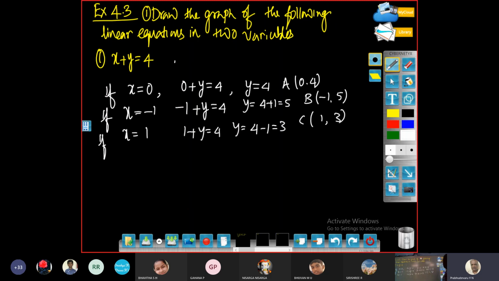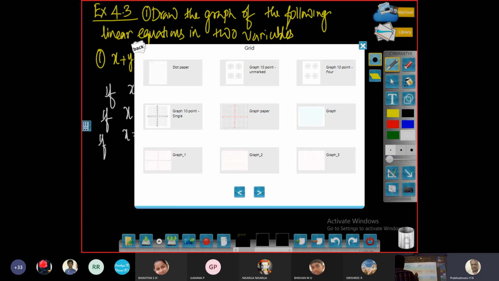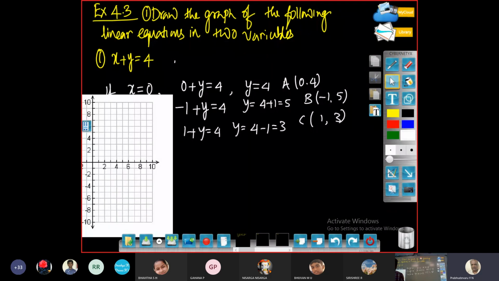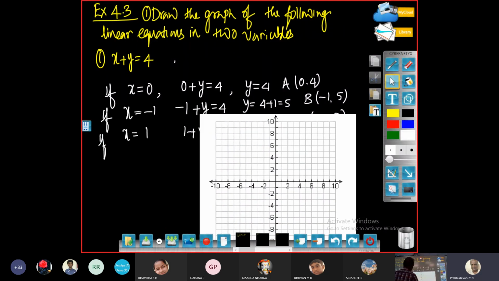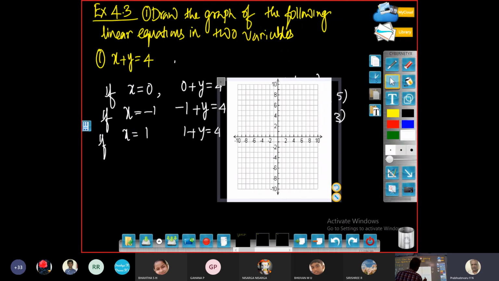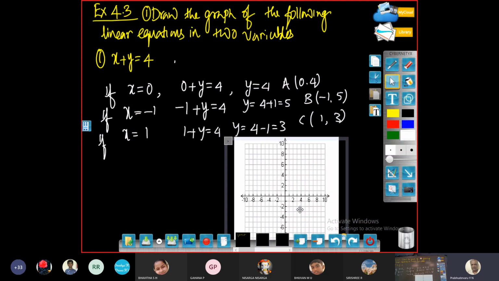You have to take the Cartesian plane. It is a Cartesian plane now.